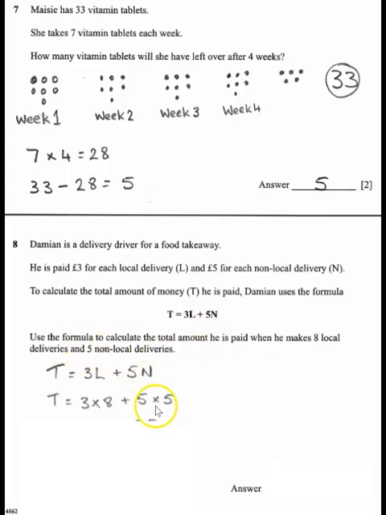So that's just 5 multiplied by 5. We work out the multiplication, which is 24, and add 25. And then at the end, we work it out to be 49. So that's the total of it, and you would put 49 in the answer line there.